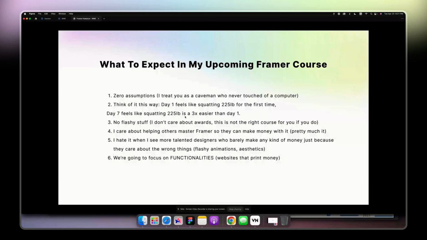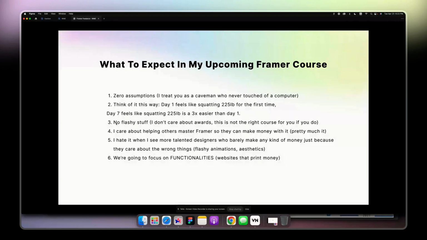This is how I want to frame the transformation when it comes to you taking my course on the first day and you coming out of my course by day seven. This is how it's supposed to feel. And if that's not the feeling you're feeling, then I failed at delivering what I was hoping for. So this is my aim. This is my goal.